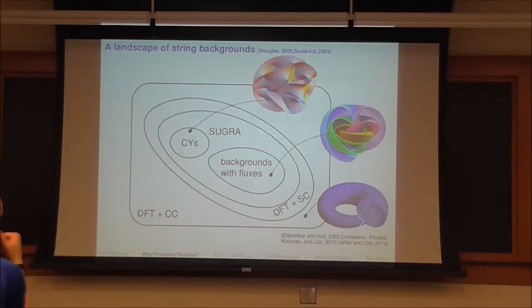Ralph Blumenhagen has also done some work on how we can use these moduli stabilization scenarios to get better control over string inflation. So people are really interested in understanding these backgrounds because of their properties, and that's why we want to go there. These are sometimes called string geometries, because they really depend on the extended nature of the string. So they will not work for a point particle.